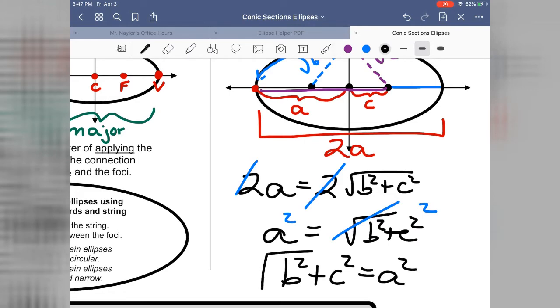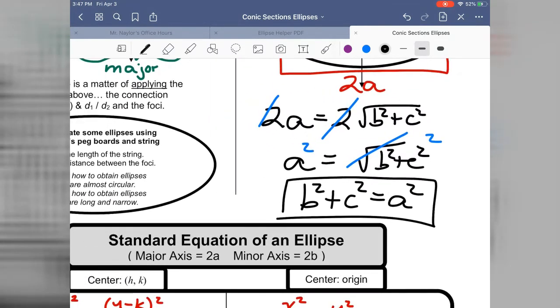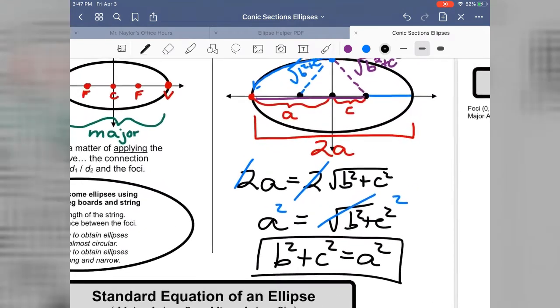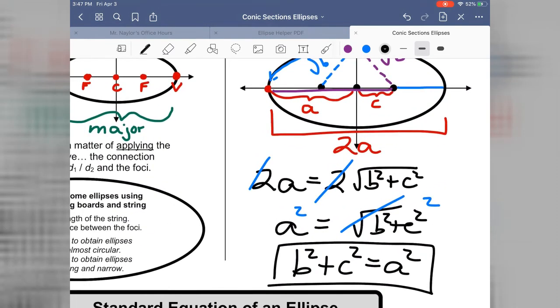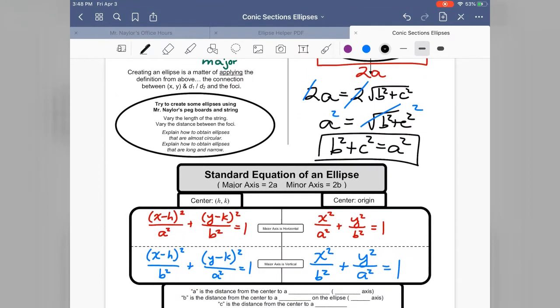We usually write it in that order. So b squared plus c squared equals a squared. Now, you can rewind the video if you need to, but you'll find out that we will use this formula often when we try to relate these three distances. And those distances, as you can see, start to show up in our formula.